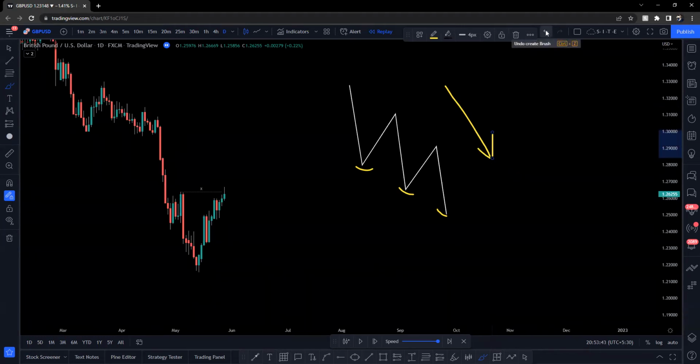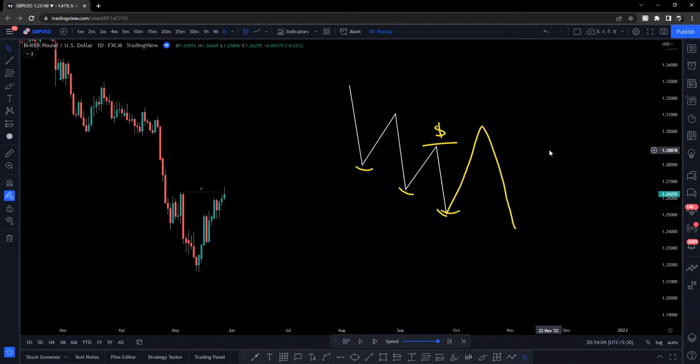Market structure moves as per the liquidity. Market wants to grab liquidity before going higher or lower, right? So before price goes more lower, price should break this high to grab all the liquidity, and then price pushes to the downside, right? So these things work in smart money, right?